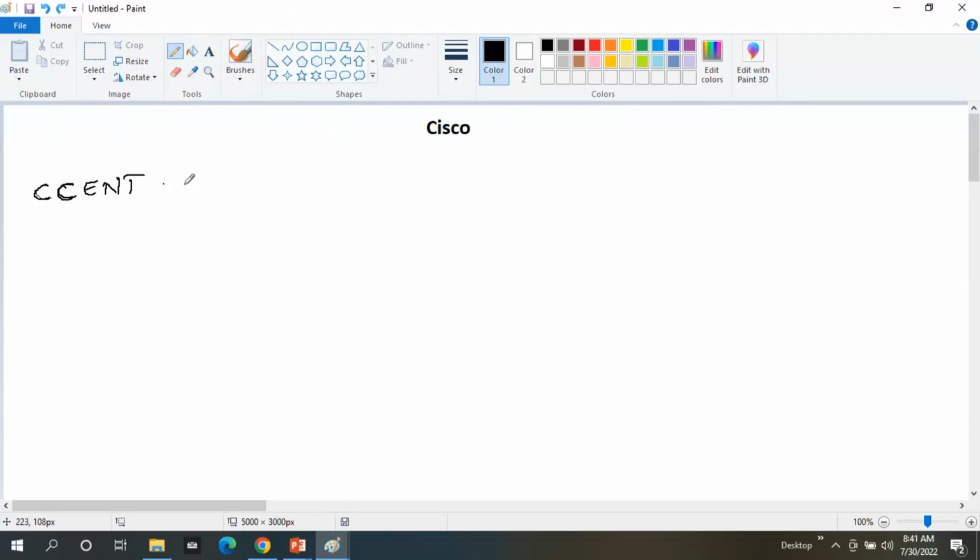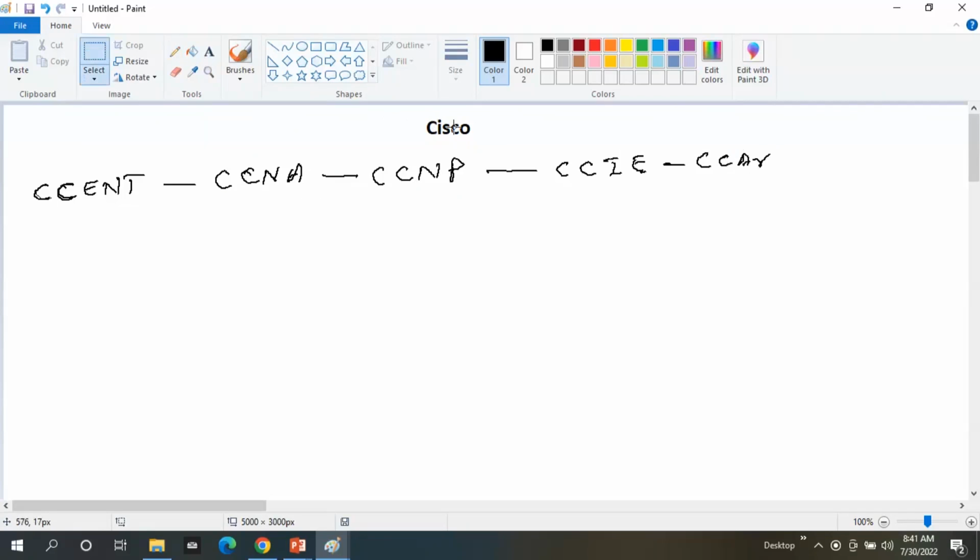Once you have done CCENT, the next level is CCNA, Cisco Certified Network Associate. Then CCNP, Cisco Certified Network Professional. Next level is Cisco Certified Internet Network Expert, CCIE. And the highest level in the Cisco track is CCAr, Cisco Certified Architect. These are the different levels of training we have in Cisco.